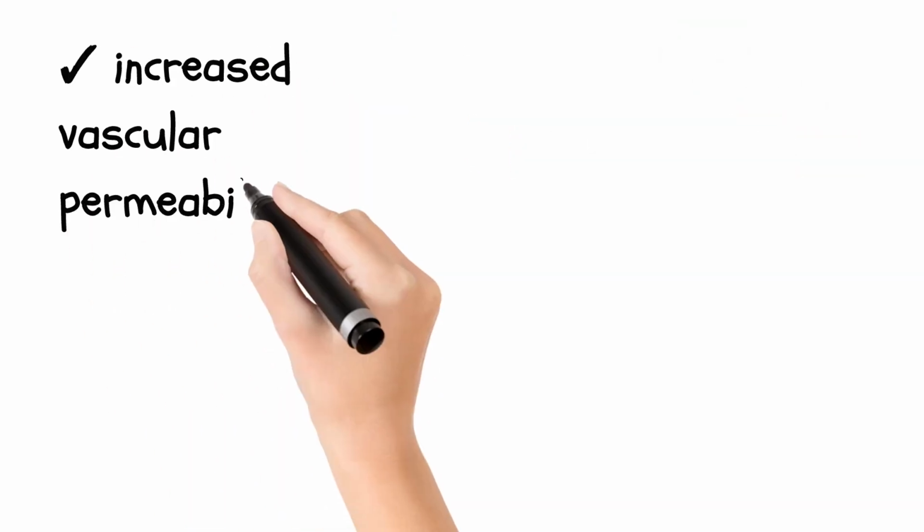Another cause of swelling is increased vascular permeability that also happens during inflammation. This means that the blood vessels in the inflamed area allow substances like fluids, proteins, and blood cells to pass through it easily, and these substances move from the blood vessels into the surrounding tissues outside the blood vessels.